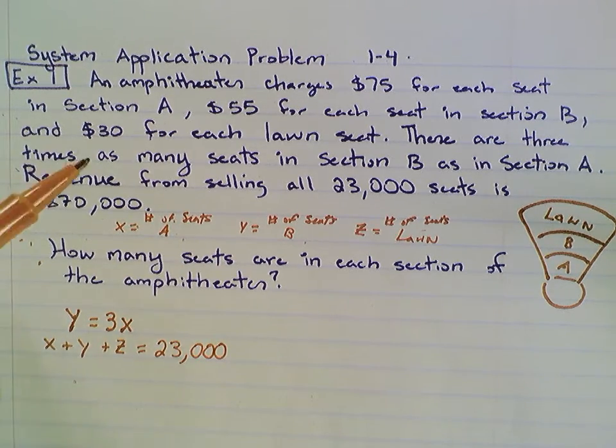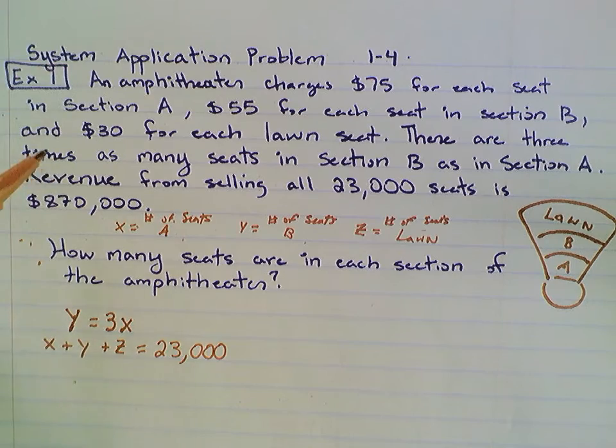And then lastly, I see that I have this other total, this revenue total, $870,000. That means that when I take the amount of money that I made from each section and add it up, I should get $870,000.